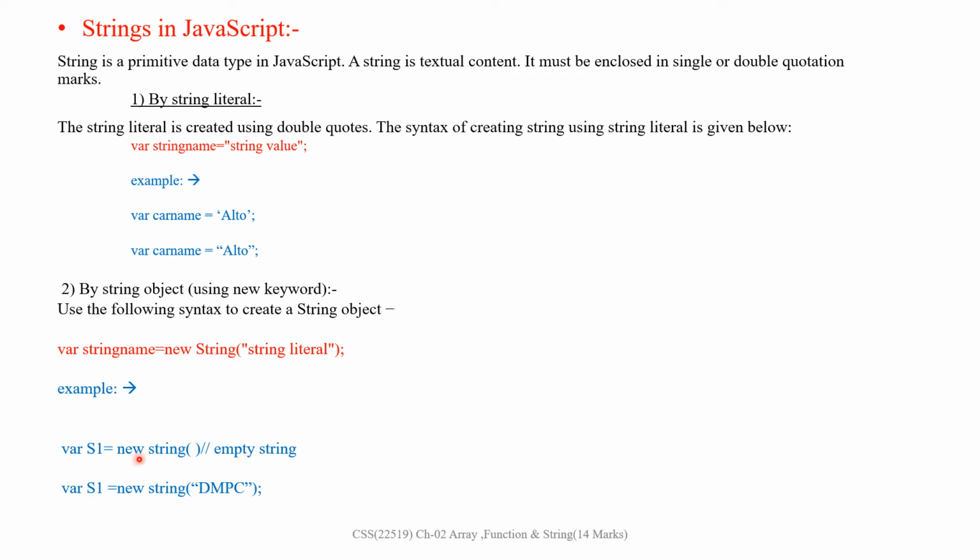This is by string object, and this is by string literal. In this example we can assign a variable to a particular string, but in the string object we use the new keyword. Using the new keyword we have to declare a string.